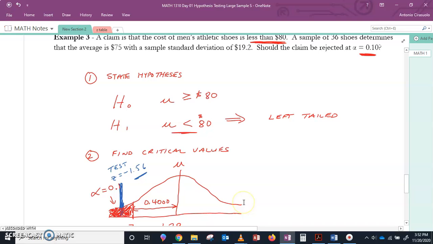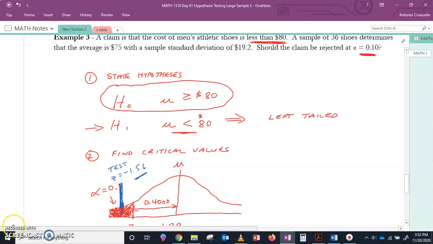We're going to reject this, and we're not going to reject that claim. So what is that really telling us? It's telling us that the mean is actually less than $80.